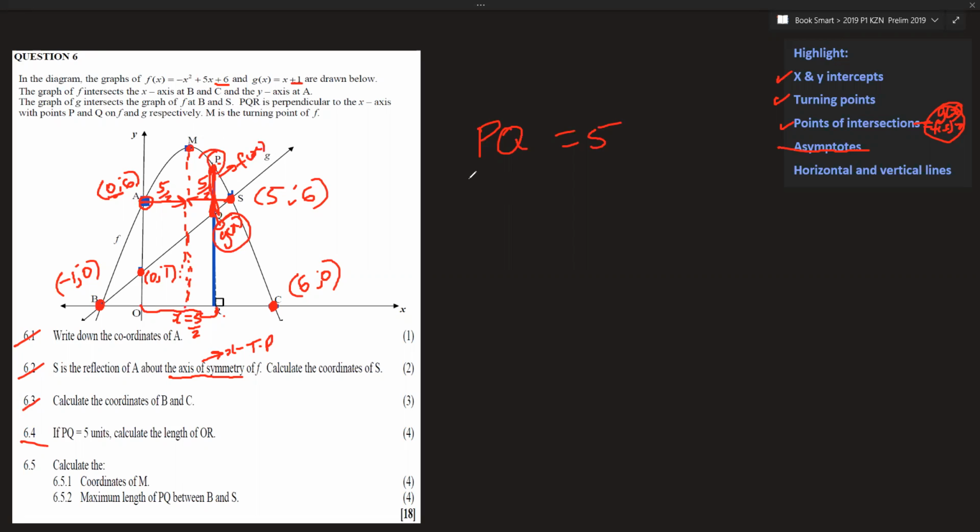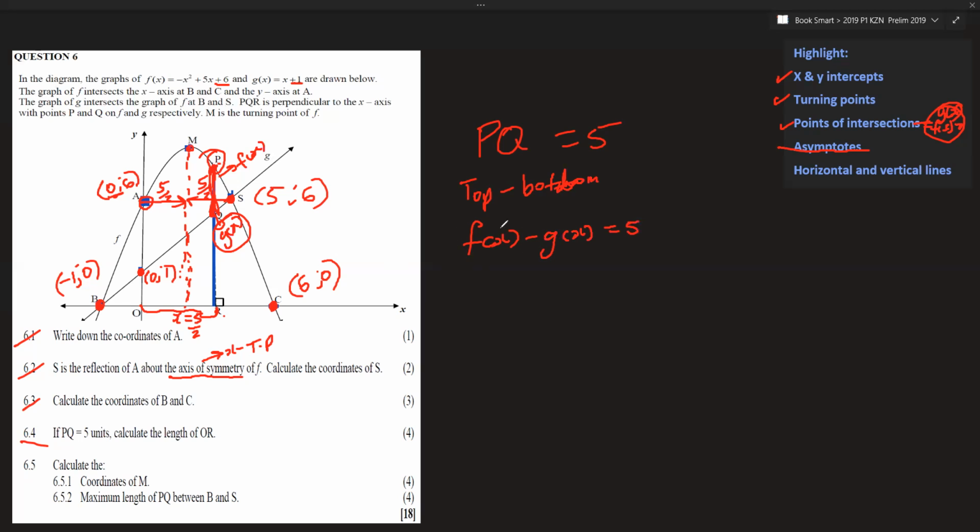So top minus bottom. The top one is f of x in this case. The one that is above, it's f. So we're going to say f of x minus g of x equals 5, right?